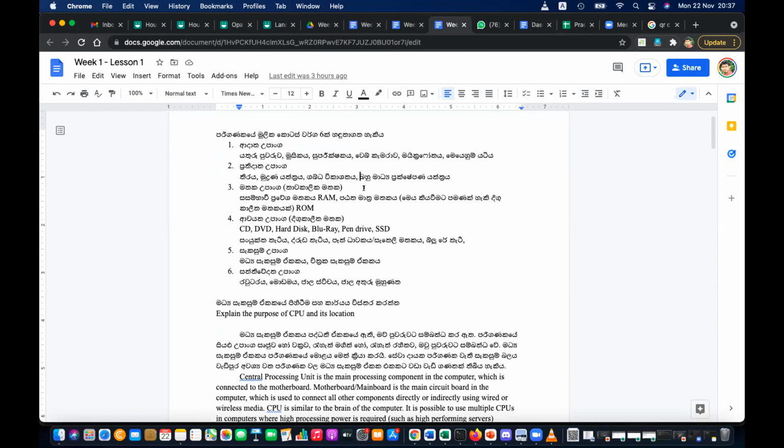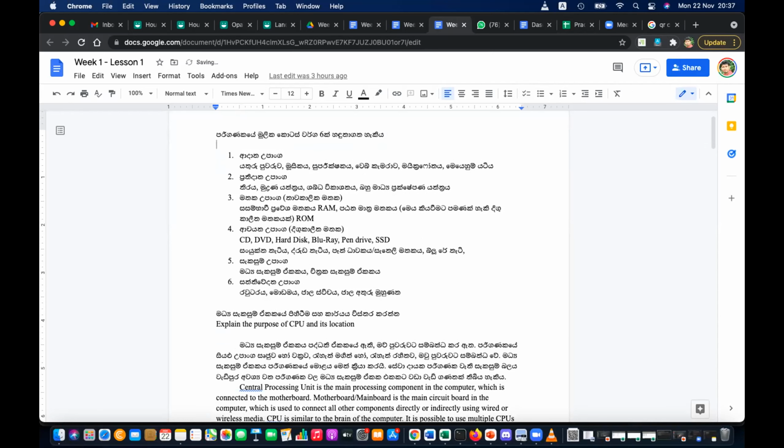But before we begin, some students asked, since they missed grade 6. This is for those who missed grade 6. There are actually 6 major categories of computer hardware.